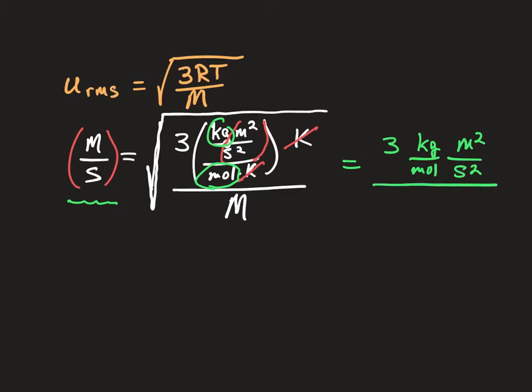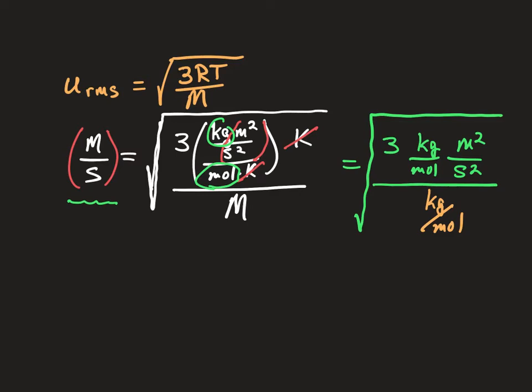And so that means the units, this is all inside a square root sign. We've already said if we take the square root of something in meters squared per second squared, we can get meters per second. But we've got to get rid of this kilogram unit and this mole unit because they don't appear here, which means the unit of the molar mass must also be in kilograms per mole.